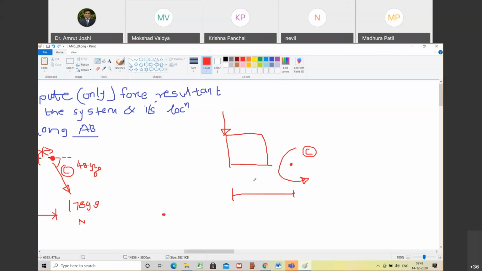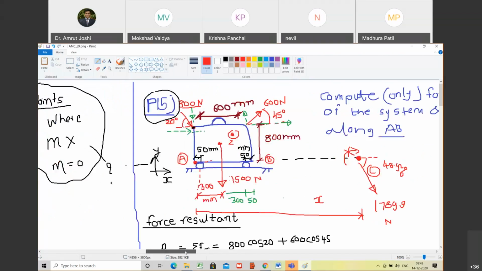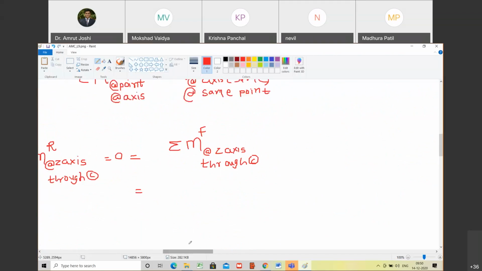And this distance is x. So what is the component? 800 sin 20, multiplied with x. Do you agree with me? Yes, sir. So shall I write that here? So पहला टर्म इसमें क्या आने वाला है? 800 sin 20 into x. Happy?